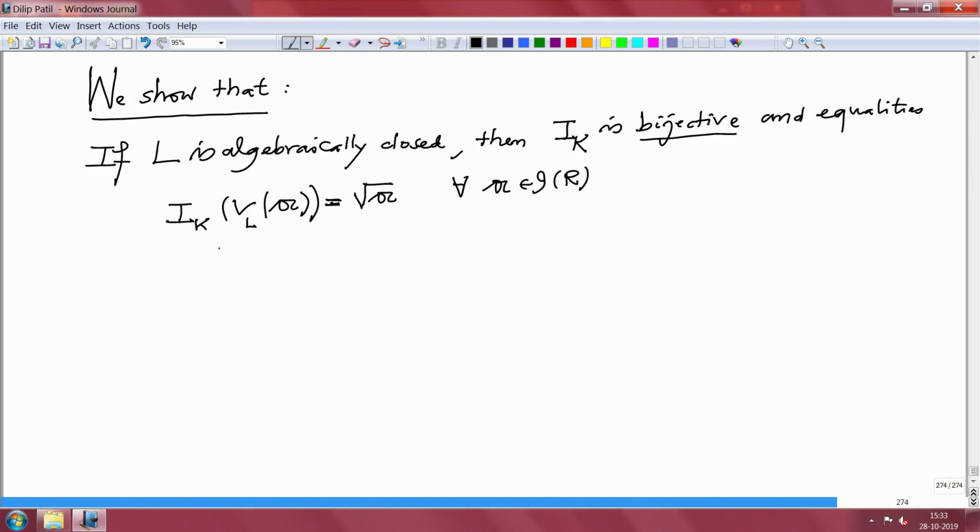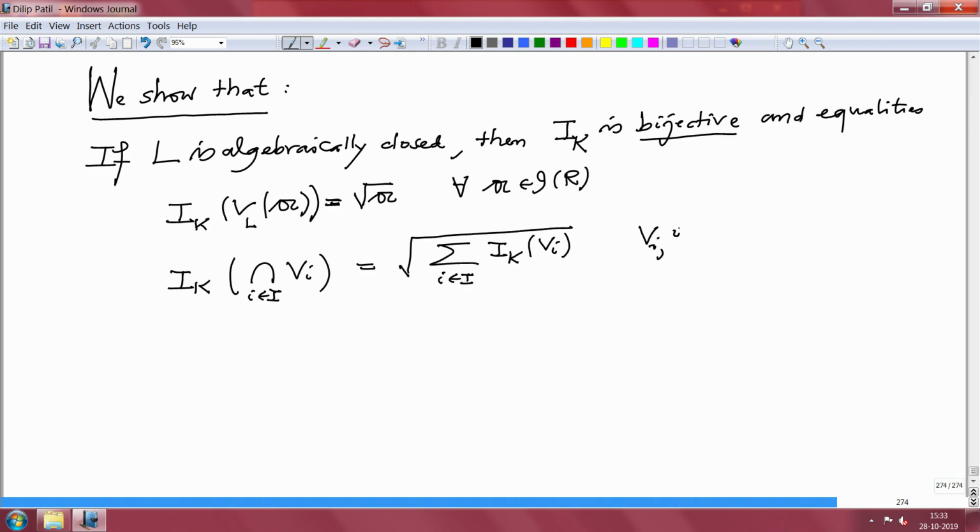And the second one is: I_K of the intersection of the V_i's, i in I, equals the radical ideal of the sum of these ideals I_K of V_i, where the V_i's are K algebraic subsets in L^n. So for this equality, there also it was only this inclusion, this I_K was bigger than this sum.